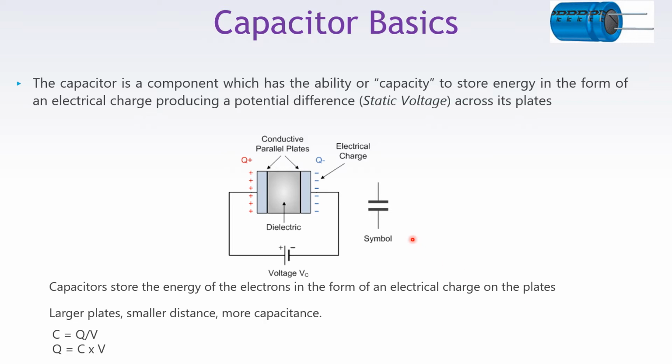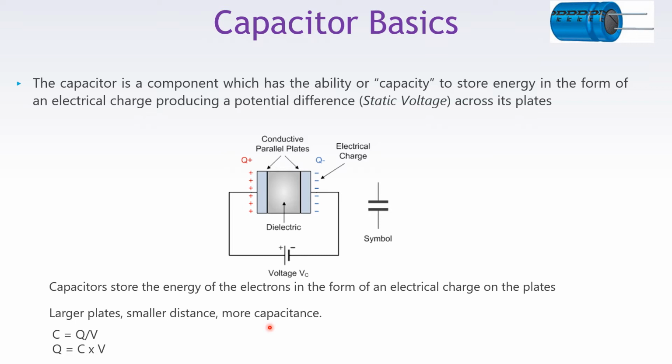So the electrons which are moving, energy possessed by those electrons is stored by these plates. Okay, so this is the basic function of capacitor. Larger the plate, more will be the capacitance. Smaller the distance between the plate, more will be the capacitance.